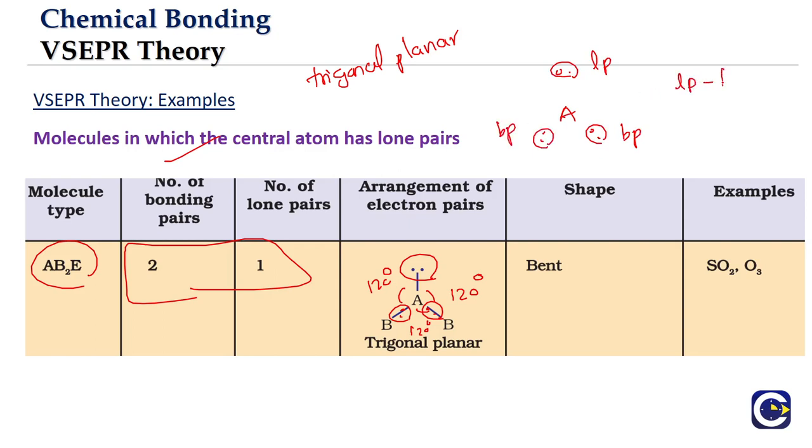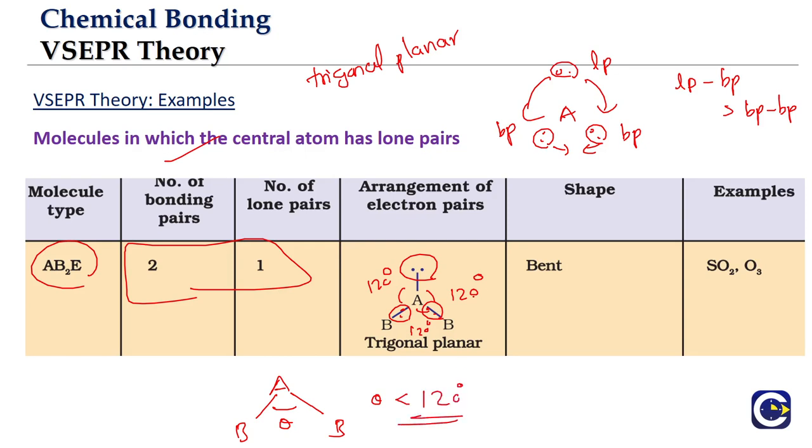Lone pair-bond pair repulsion will be more than bond pair-bond pair repulsion. Lone pair will repel the bond pair electrons more strongly. So as a result, these two bond pairs will approach a little bit closer. So what we see is the actual bond angle between the two bonds will be what? This theta will be less than 120.